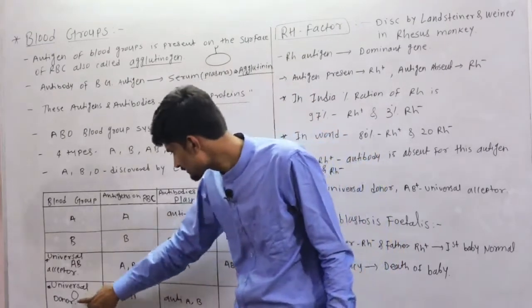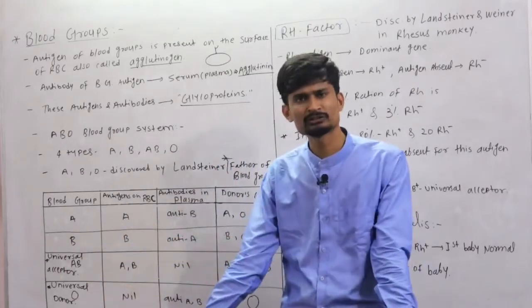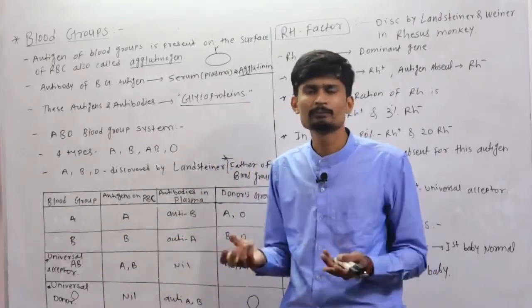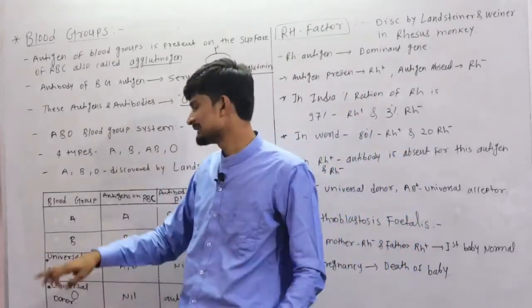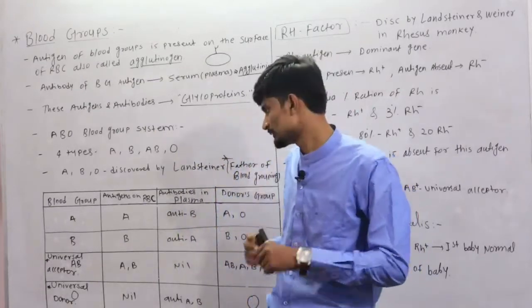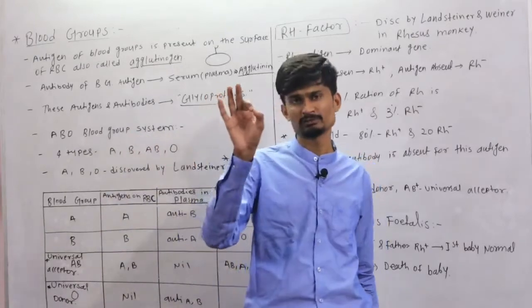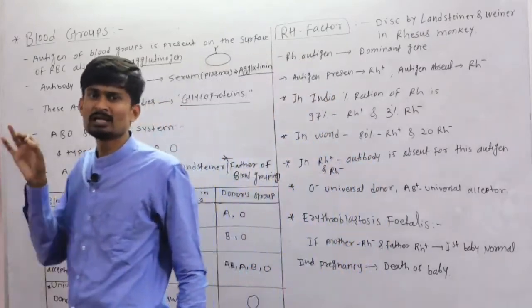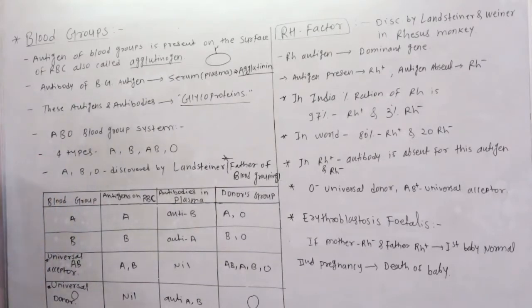But when this blood group O donates the blood, it does not have the antigen on the surface of RBC. So there will be no reaction because no antigen, and due to this reason the blood group O becomes the universal donor. So these are two important points that you have to remember, which blood group is a universal acceptor and which blood group is a universal donor. Clear?